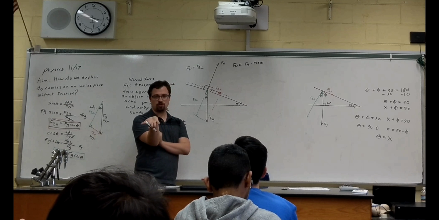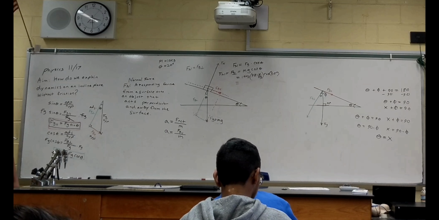What's our normal force? 2.18 newtons. Is that correct? Yeah, that sounds like it's about right. And that'll be our normal force, right? So if you had friction, then you could use that because the normal force will get there.